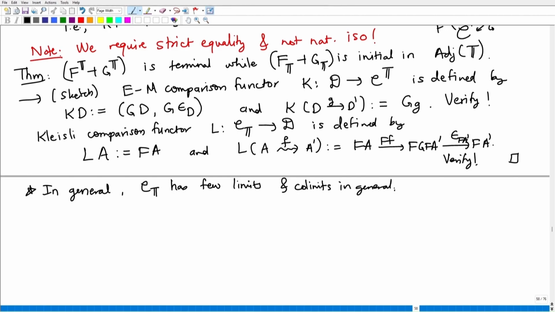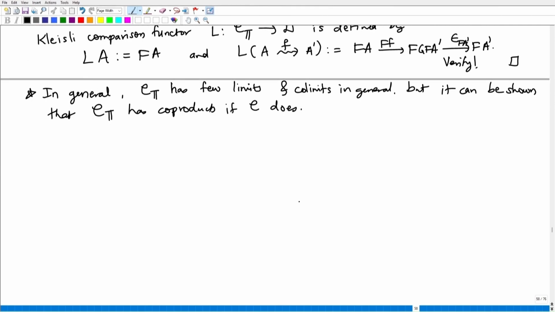But it can be shown that C^T has co-products if C does. However, for the Eilenberg-Moore construction, we have another result.